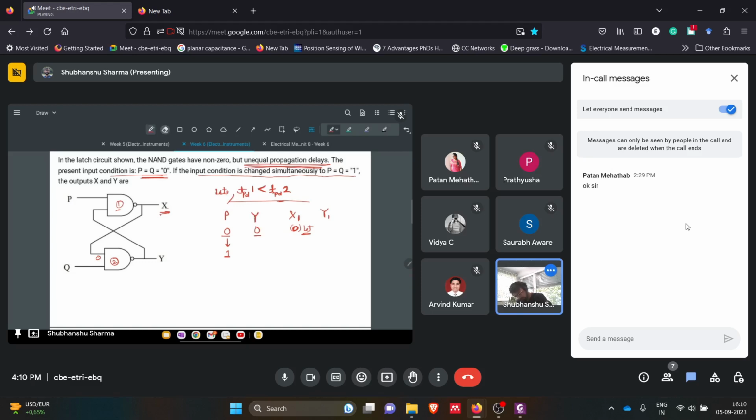We will assume this Y to be 0 initially. It will not matter whether you assume X1 as 0 or Y1.